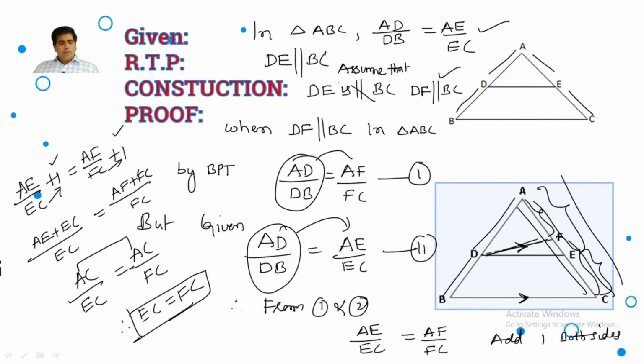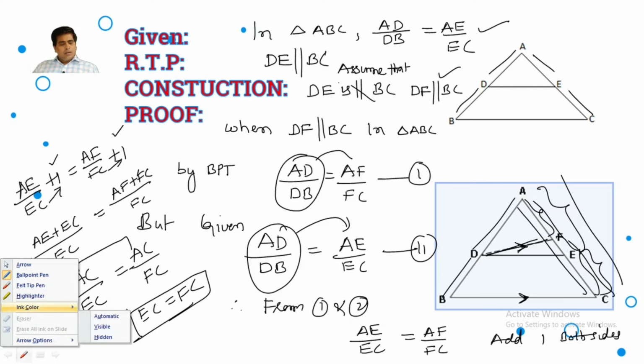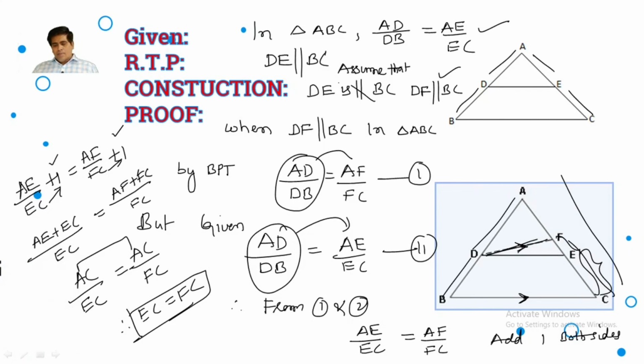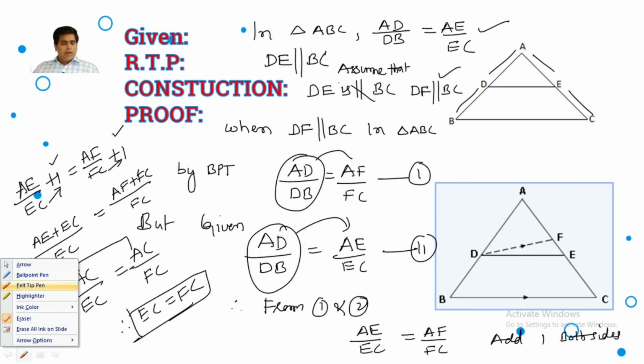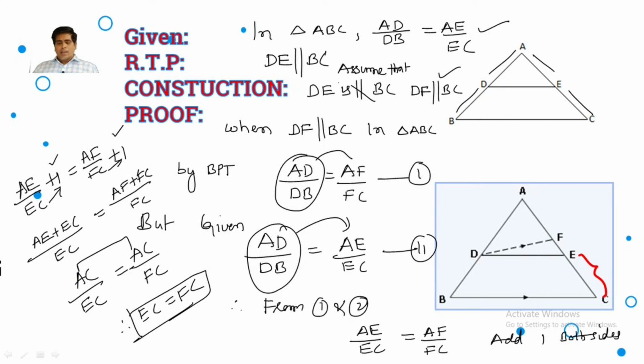EC, look at it from the figure. I can rub this part, but this conclusion is very, very important. EC and FC are equal. How can they be equal? This is a shorter length and this is a bigger length.